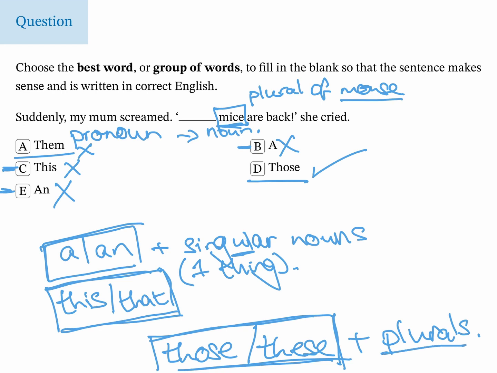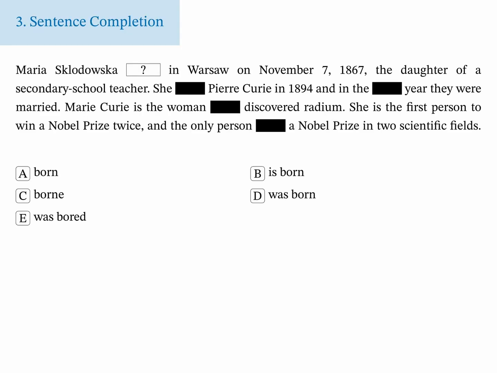Okay, let's just have a quick look at how the sentence completion will look in the practice app and in your paper. So the format is going to be not just one question, one sentence at a time. In fact, it will come like this, like a passage.